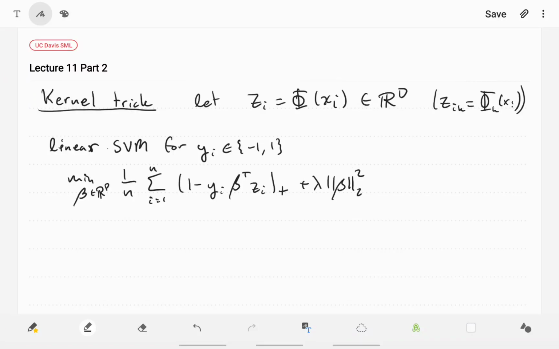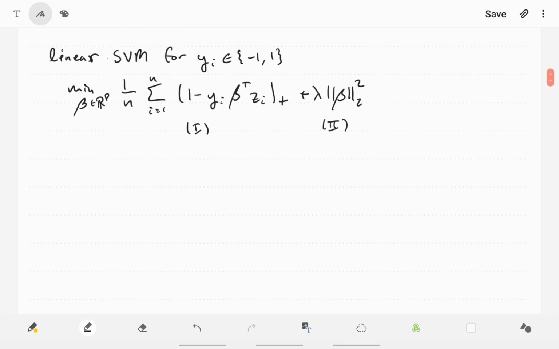Right? So let's consider these two terms separately. This is term 1 and term 2. Okay, so the basic thing that we can note is that term 1 is dependent on our zi, but term 2 is not dependent on zi.